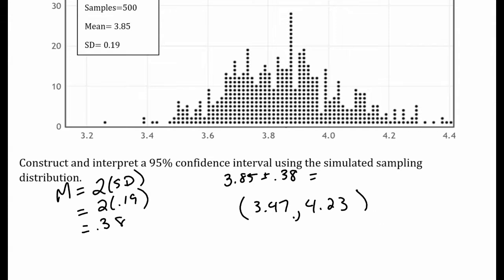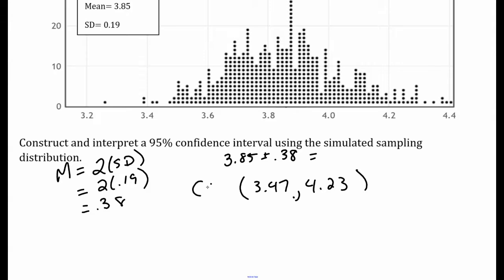What does this mean? What is that confidence interval there? What does my confidence interval mean?